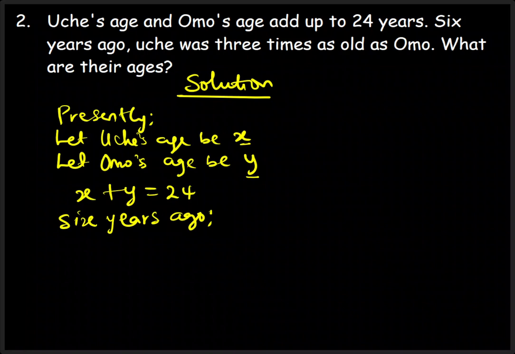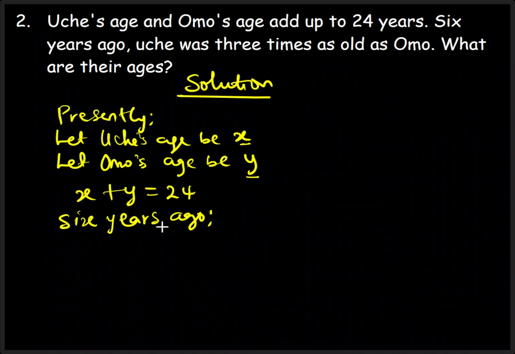If you are 5 years ago, your age would be your present age minus 5. If you are 20 years old now, your age 3 years ago would be 20 minus 3, which will give you 17. That's how we do with the age.